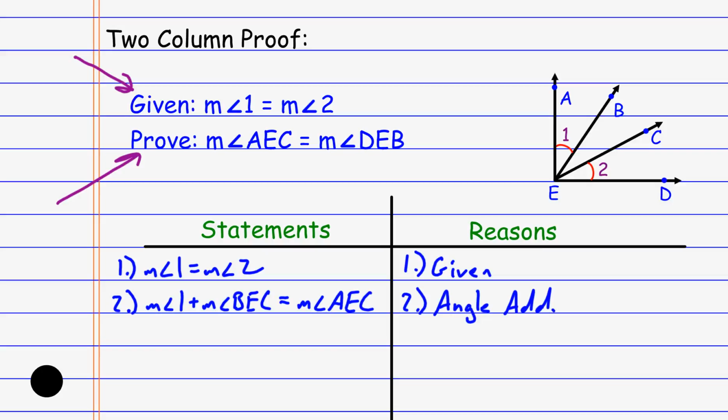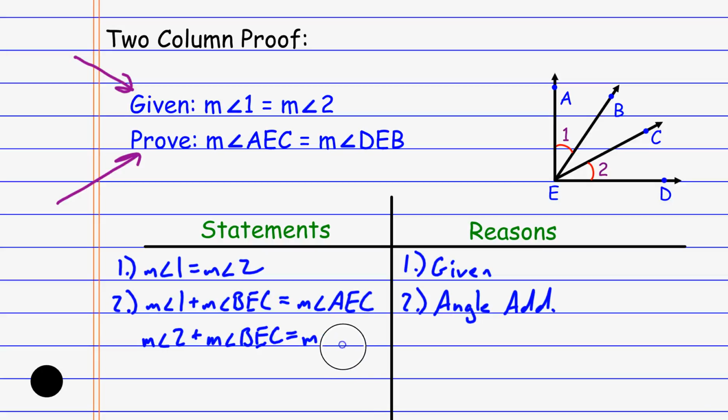Alright, along those same lines, and since this is going to be justified by the same reason, I'm just going to include it in this step. I could say that the measure of angle 2 plus the measure of angle BEC is equal to the measure of angle BED, or DEB.